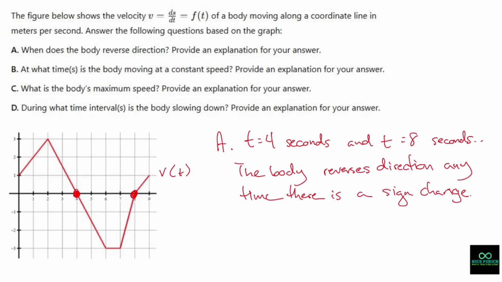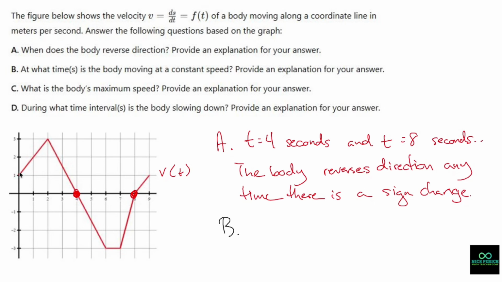Now part B is asking, at what time or times is the body moving at a constant speed? Well, again, velocity is basically positive or negative speed. So when do we have a horizontal line for velocity? By the way, the devil is going to tell you, oh, that's constant, isn't it? No, we're technically speeding up.